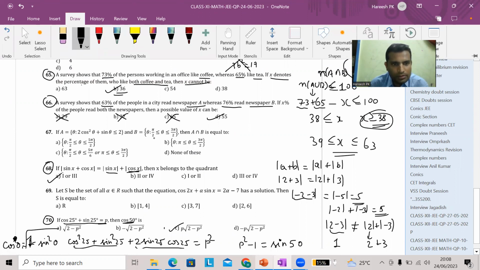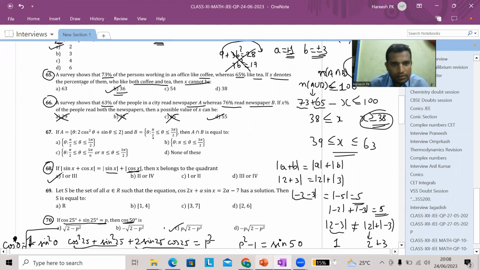So B is all angles in the second and third quadrant. And A, they have given an equation here. So convert this into a quadratic. So you write cos square as 1 minus sine square.